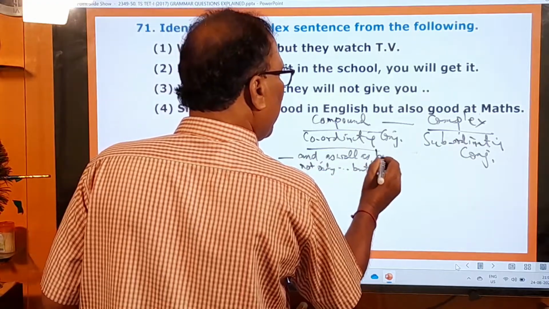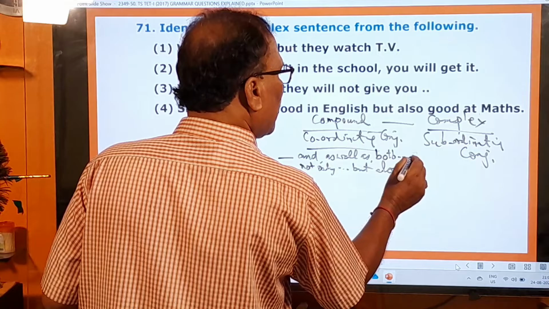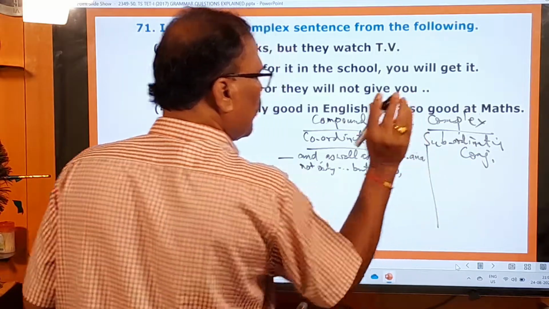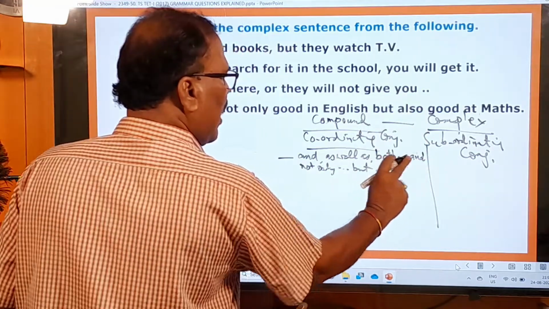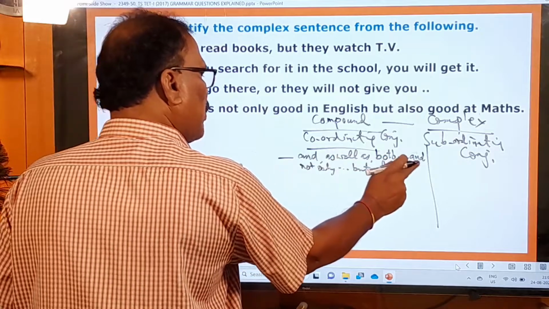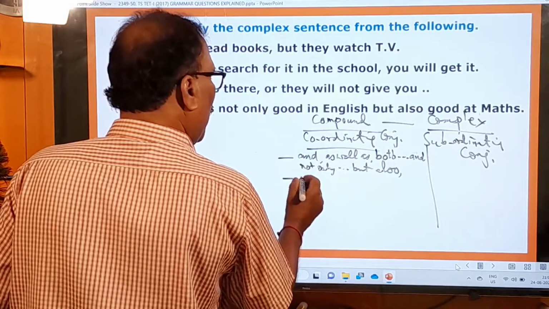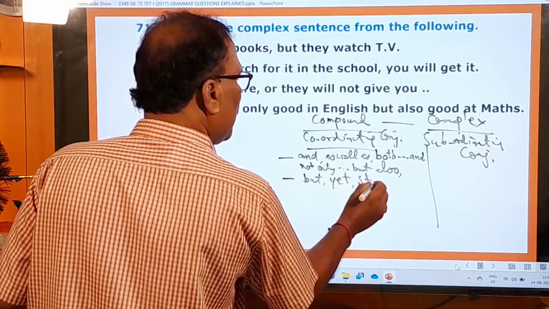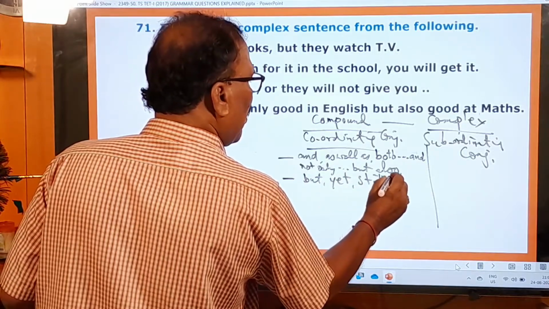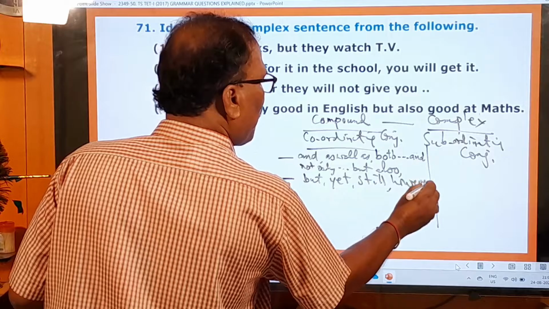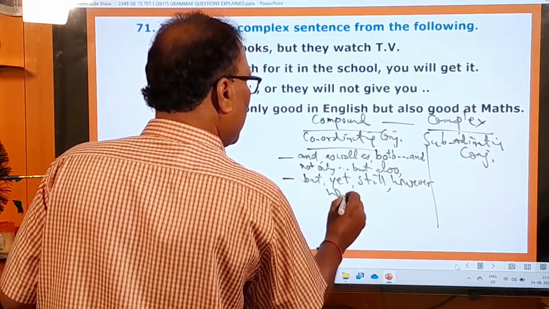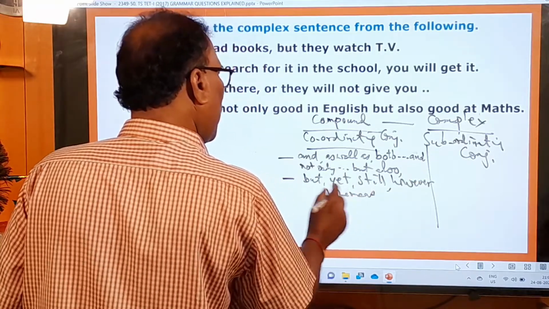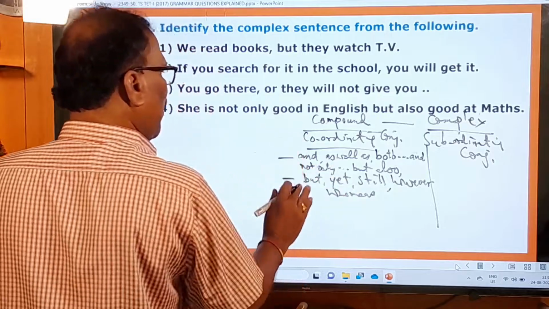Both and, let me write here, both and. And as well as, both and, not only but also, one set. Here, but, still, however, whereas. These are one set of conjunctions.